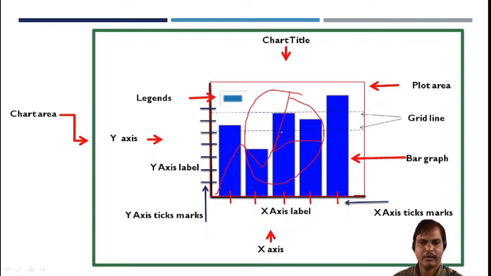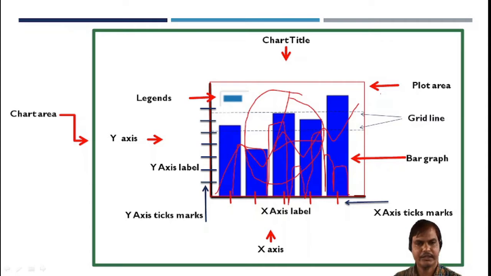This is an example of a line graph. It is applicable to the line graph. And if you give some continuous data without any gap, this is called a histogram. But all this legend, x-axis, y-axis, x ticks, y ticks, chart area, plot area, grid lines, chart title will be the same for all these graphs.